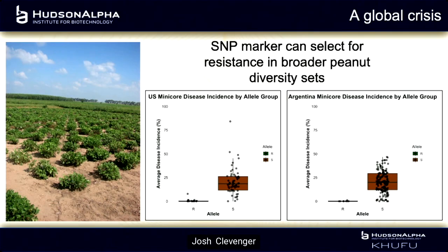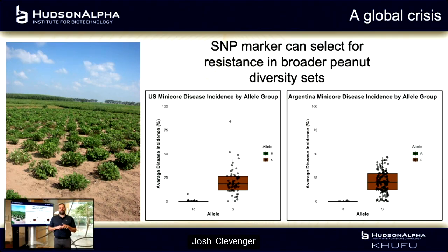And so we asked ourselves the question, if I just selected for this particular allele, this SNP, could I, in an unstructured set of material that aren't related, select for resistance? And what was exciting is that we absolutely could do that. And so we knew for a fact that this was strong resistance with a major gene, and it was in this locus that we mapped.